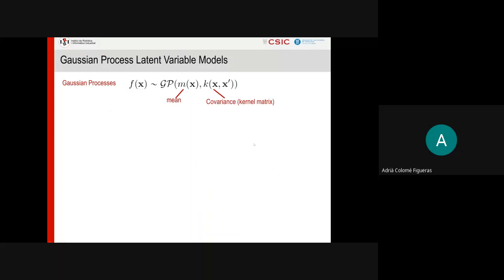Also, I will go very fast through this. We can use other nonlinear dimensionality reduction techniques. In this case, we used Gaussian process latent variable models.